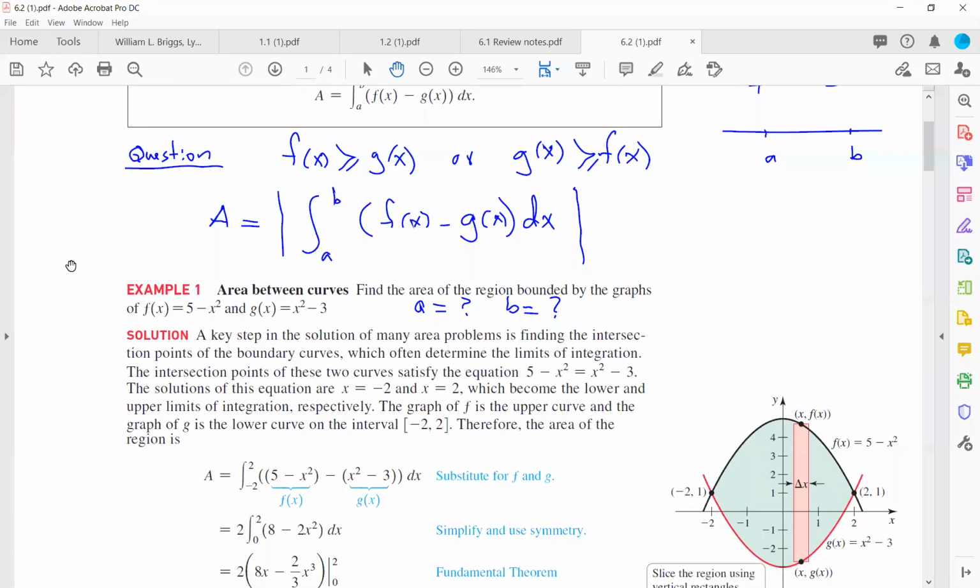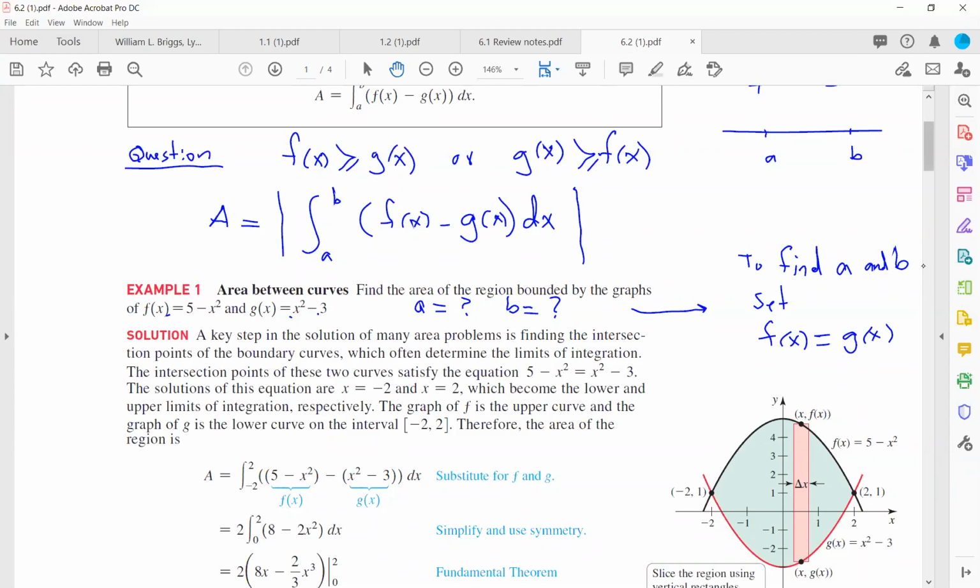What we can do is set these two functions equal to each other to find a and b. Set f of x equal to g of x.